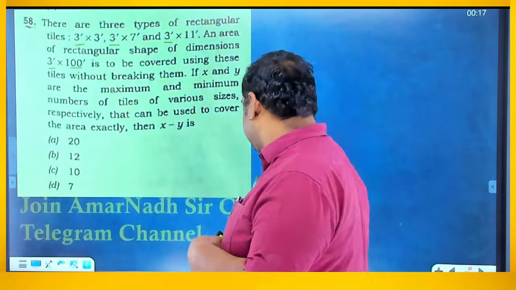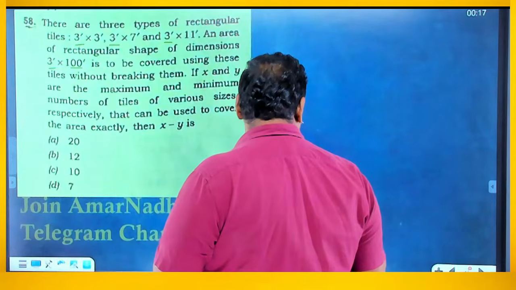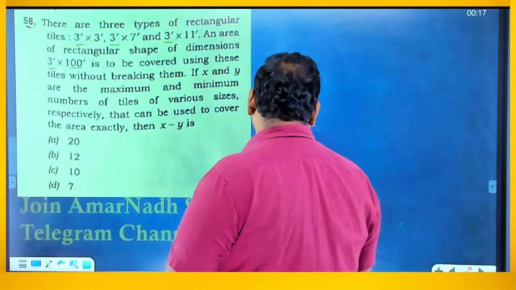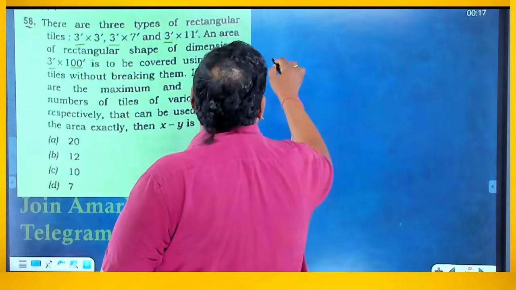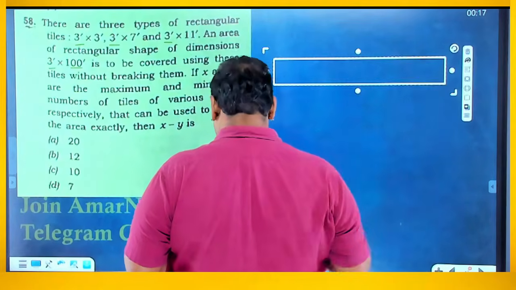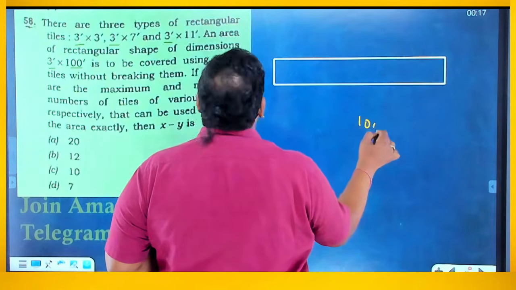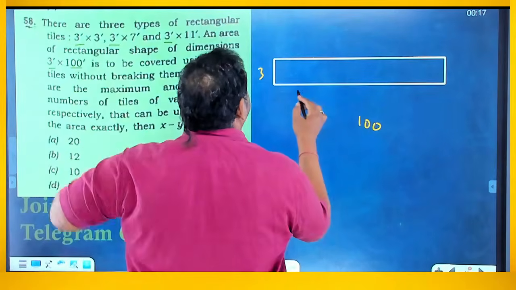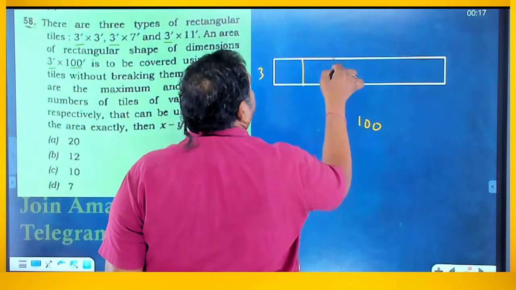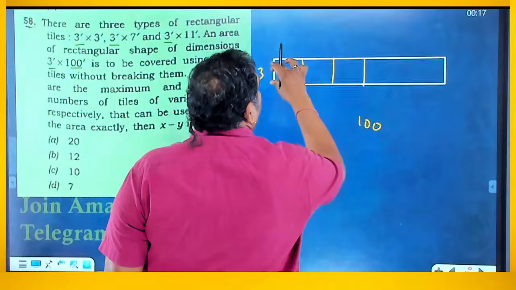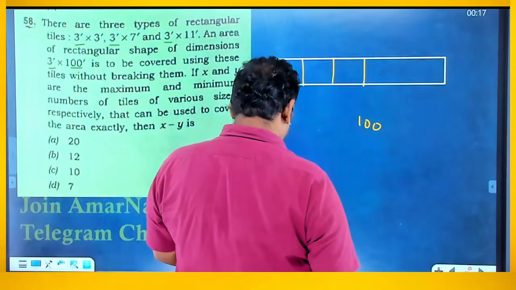The point you can understand is, if you take our rectangle like this, since it is 3 and this is 100, every tile one dimension is 3, na? That's why you'll get 3 by 3, 3 by 3, 3 by 3 like that. So no second row will be formed. Okay.